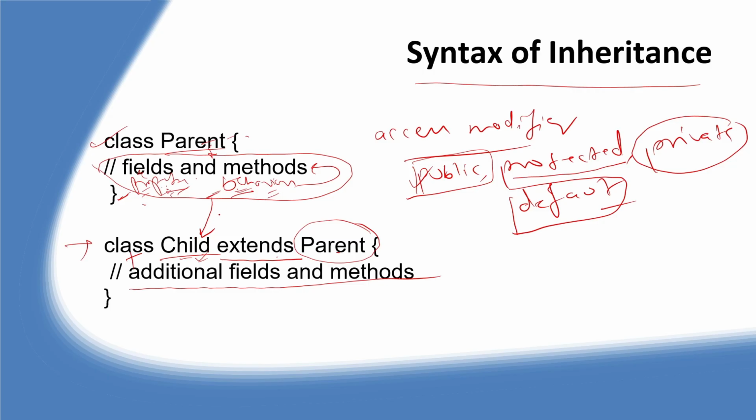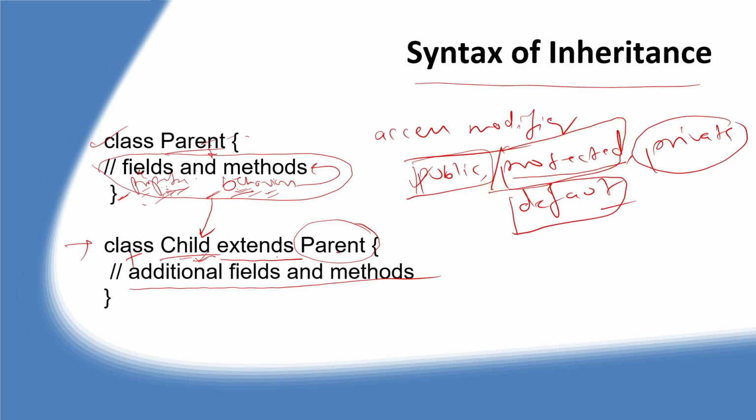But let's say the child class is outside the package, then also it can access property and behavior. Meaning if it is a child class, then it can access the properties and behavior from everywhere, no matter which package, if it is using the protected access modifier.